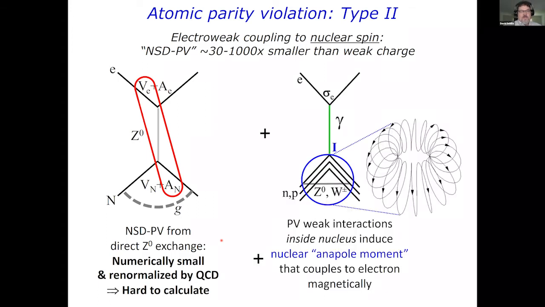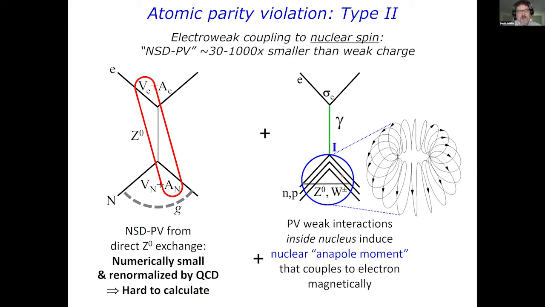In addition, the story is complicated by the fact that in heavy nuclei, where there are many neutrons and protons inside the nucleus, there's what appears to be a second order effect associated with the exchange of Z and W bosons between protons and neutrons in the nucleus, which also is a parity violating interaction.